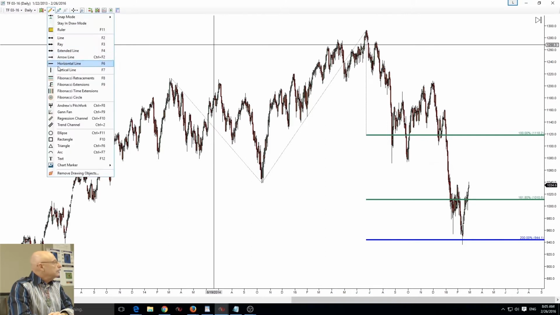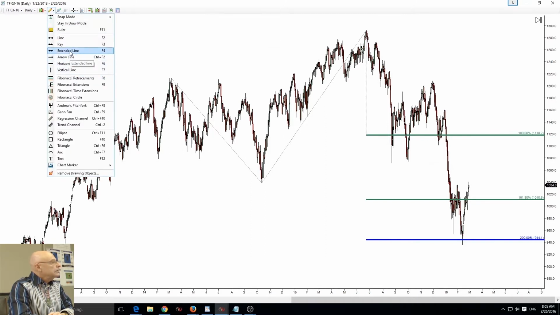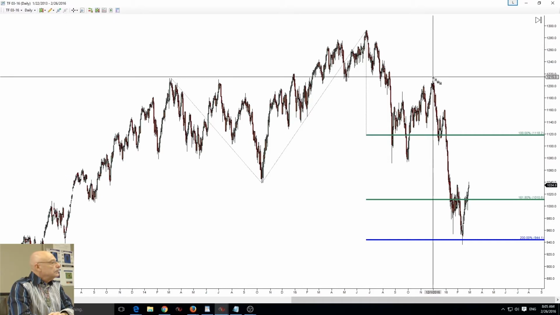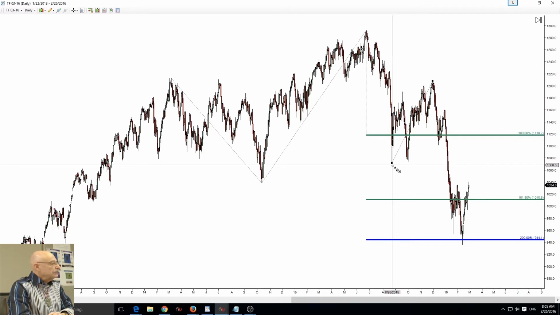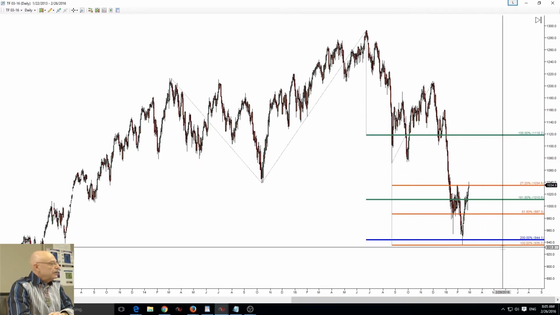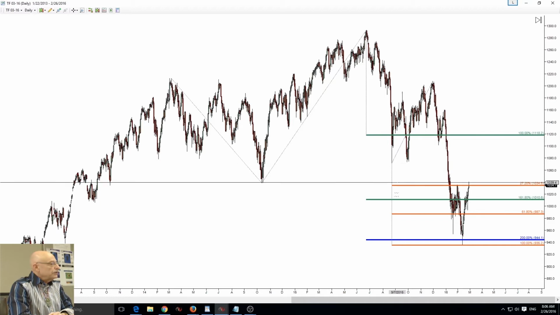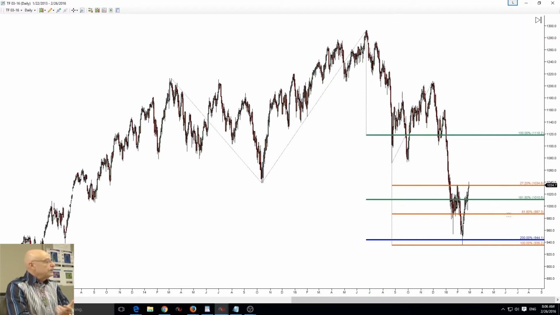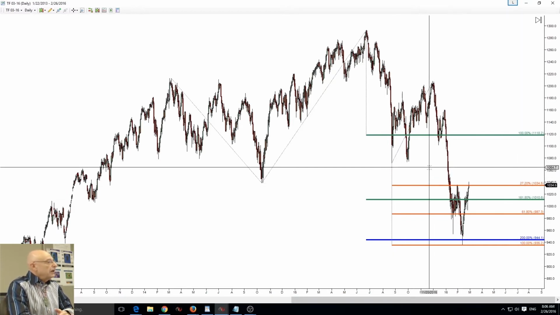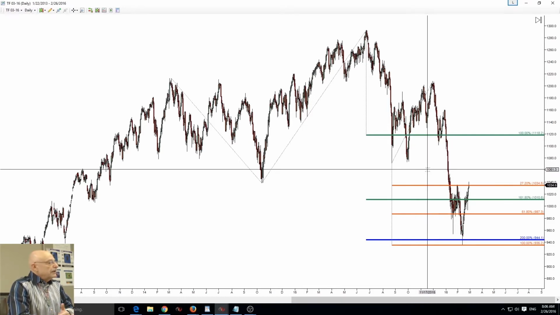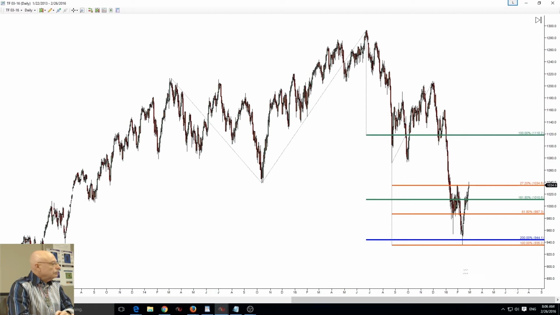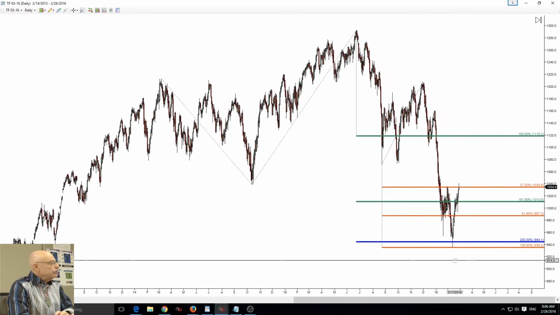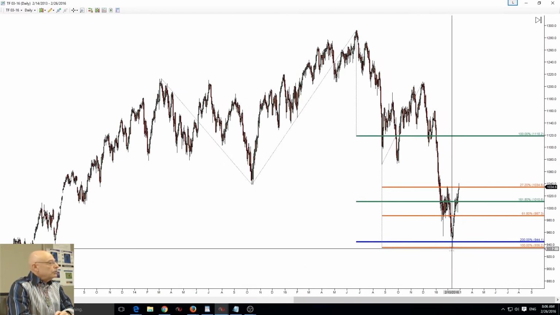So if we do this extension down and 100%, so 1.272, 1.618, it's by the way Fibonacci Queen setup, Robert Miner, and also I'm using that as a major setup for me.